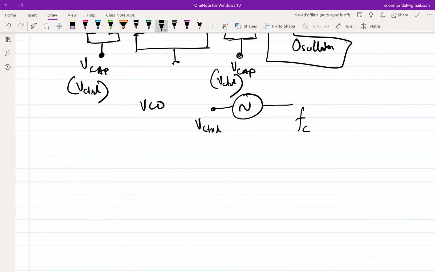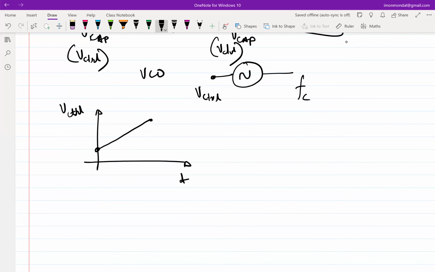So essentially what I'm saying is, if I have this VCO and with respect to time, I change V control from some voltage to some voltage, at a very slow rate, so at a very slow rate, I keep changing this. What I should see is, maybe slope is too much. At the output, what should I see?